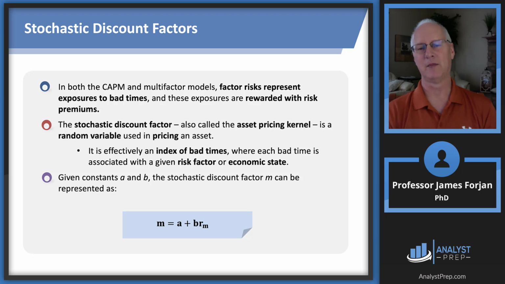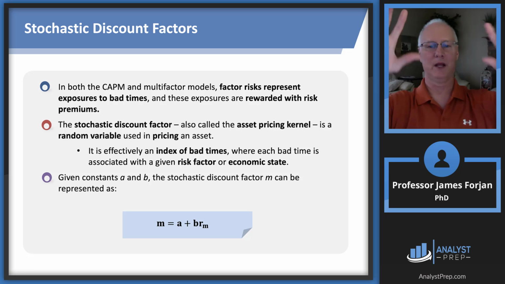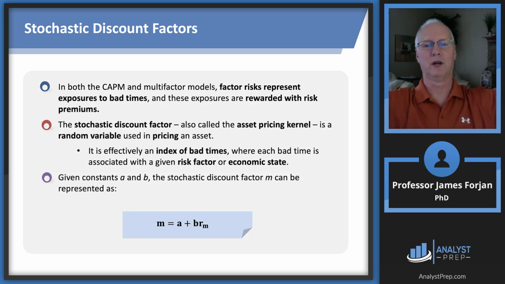All right, so let's look at the bottom blue block there. What we're saying is that this stochastic discount factor M is going to be a function of some constants A and B and the return on the market portfolio. Forget about what those constants are, but if you believe in the capital asset pricing model, I'm just going to have one overcast cloud.